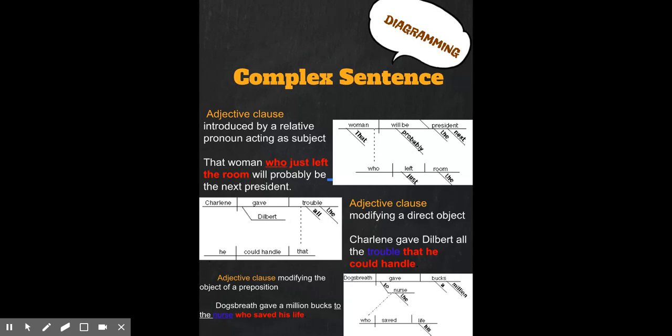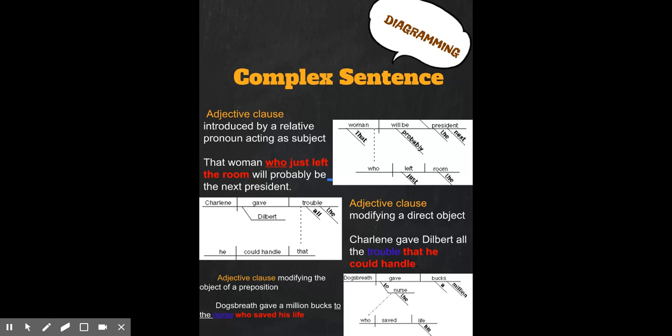Notice that this particular example is not using the tree. Because it's being introduced by a relative pronoun, it's being diagrammed as a relative clause, even though it's a noun clause. Or an adjective clause, describing the woman who left the room. So that's why it's not a tree.